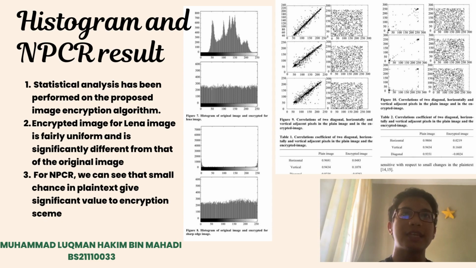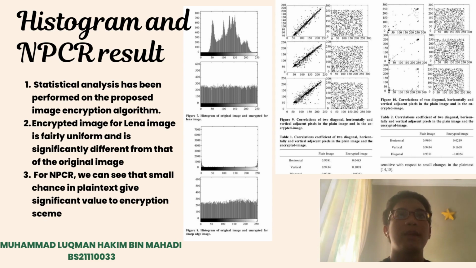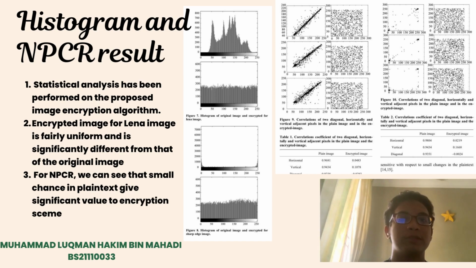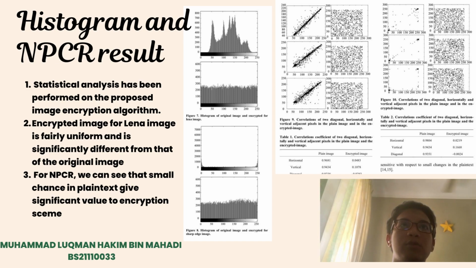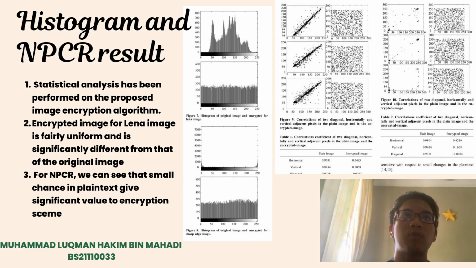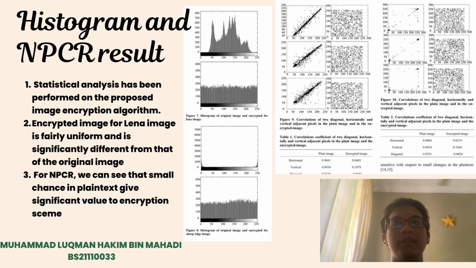But for the second table, when we change a small amount of the plain text for the horizontal, which is the value 0.9804, the encrypted image changes a lot, which gives us the value 0.0219. It's a big change from table 1 to table 2.